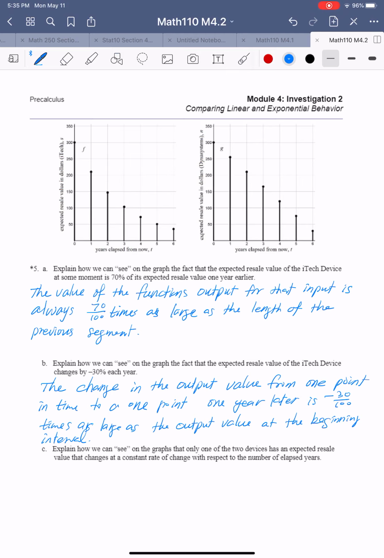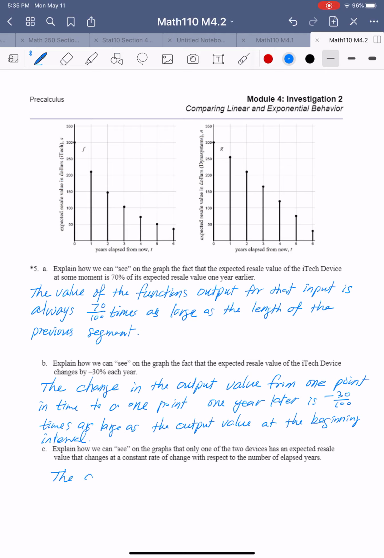Alright, C: explain how we can see in the graph that only one of the two devices has an expected resale value that changes at a constant rate with respect to the number of elapsed years. Which graph will it be? The graph of g.